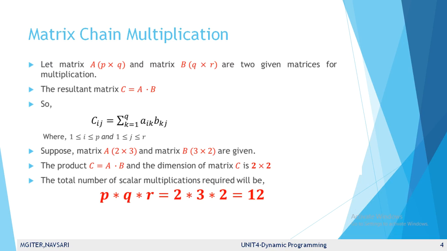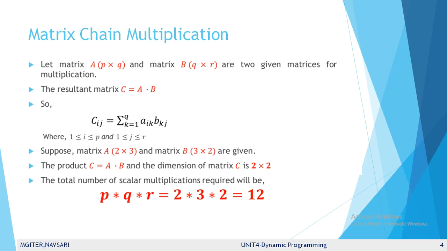The main problem is in what order the matrices A1 A2 up to An should be multiplied so that it takes the minimum number of computations to derive the product.